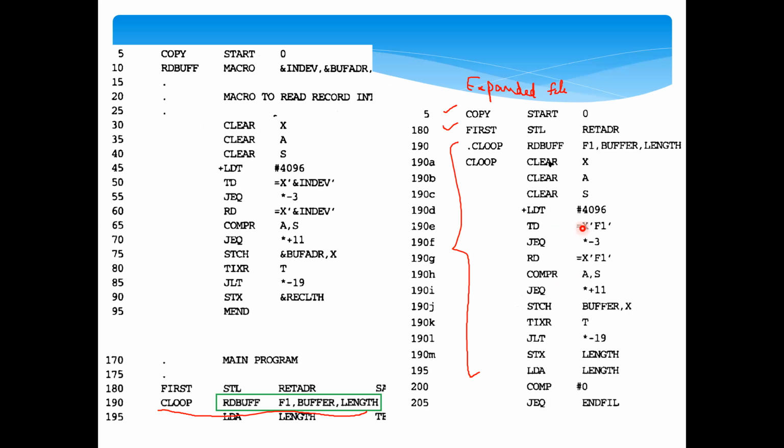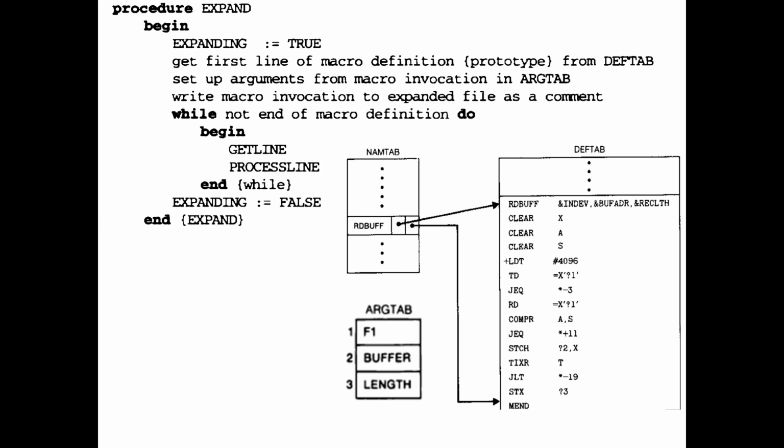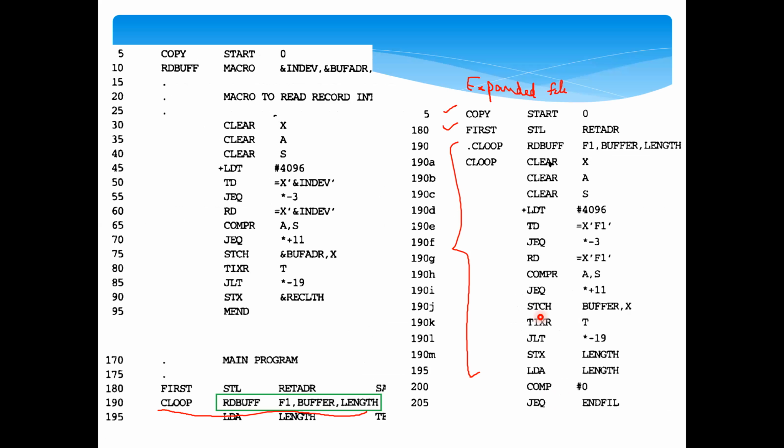Similarly, here also it is replaced with F1. And let us look at STCH question mark 2 and STX question mark 3. STCH question mark 2 should be substituted with buffer, and STX question mark 3 should be substituted with length. Yes, STCH is substituted with buffer and STX is substituted with length.